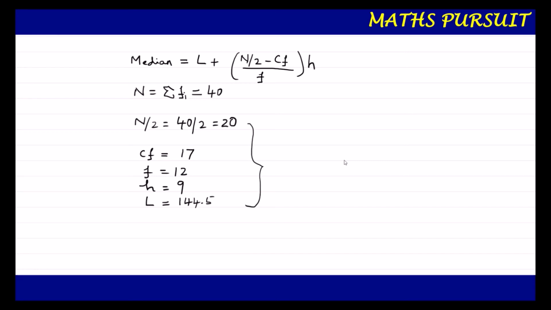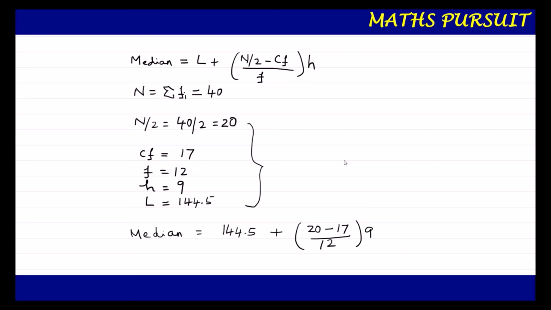With the help of this information in hand, let us find out the median. Now I can write median is equal to L, L means lower limit of the class interval, which is 144.5, plus n by 2, here we got 20 as n by 2, minus cumulative frequency, that is 17, upon frequency, that is 12, into class height, that is 9.